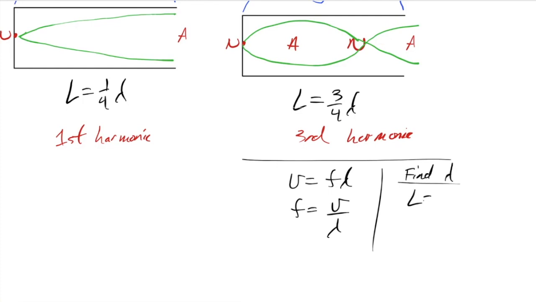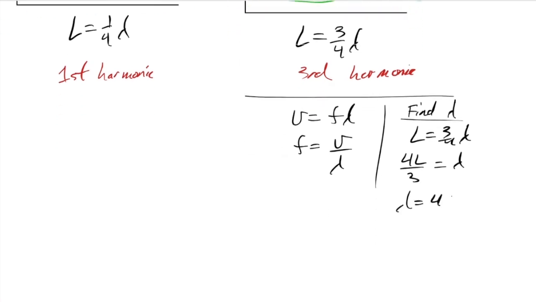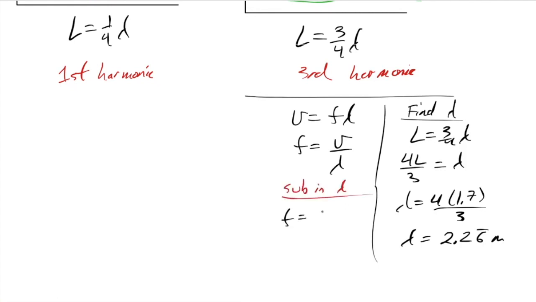Isolating, we get 4 times L over 3 is equal to lambda. So lambda is equal to 4 times 1.7 divided by 3, and that gives us 2.26 repeated meters. When we substitute that in, F is equal to 340 divided by 2.26 repeated, and that works out to 150 hertz.